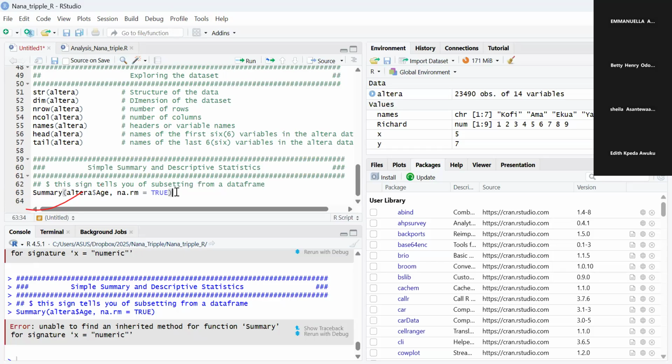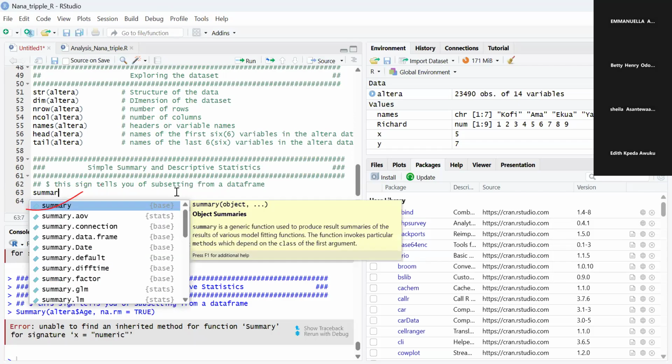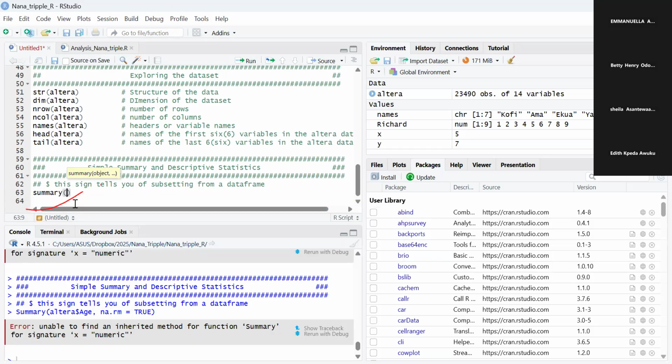So let me just, I said that once you type, so summary, right? So this is my summary. What do you want R to summarize? So I said it should summarize Atera.